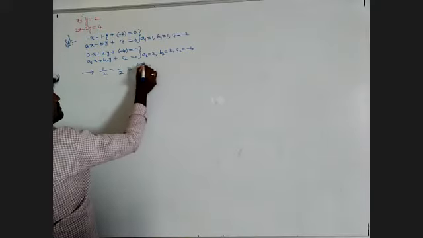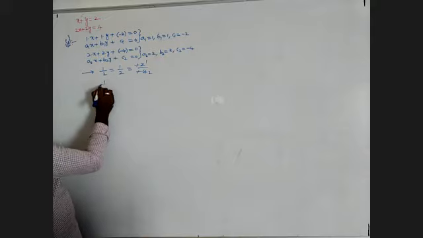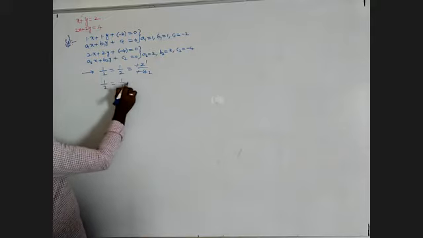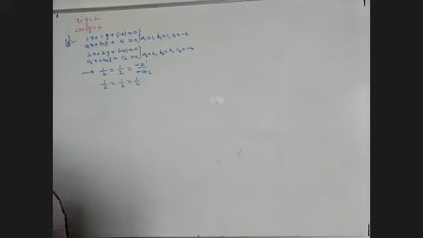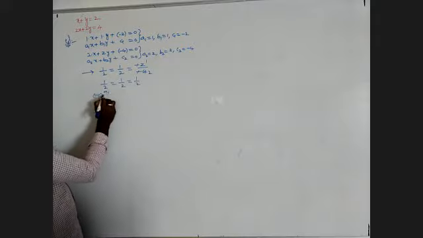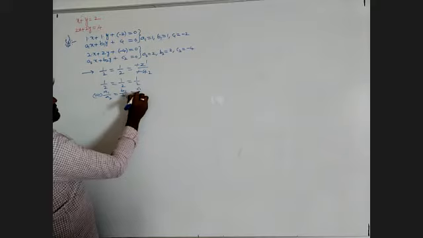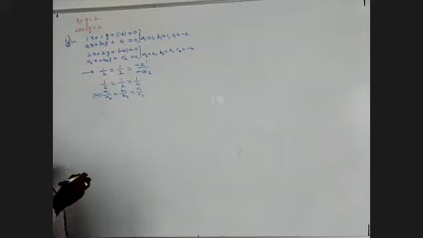Minus and minus becomes cancelled. 2 ones, 2 twos. This I have to write as 1 by 2 is equal to 1 by 2 is equal to 1 by 2. Both are equal, so this I have to compare with a1 by a2 is equal to b1 by b2 is equal to c1 by c2. It satisfies the third condition.